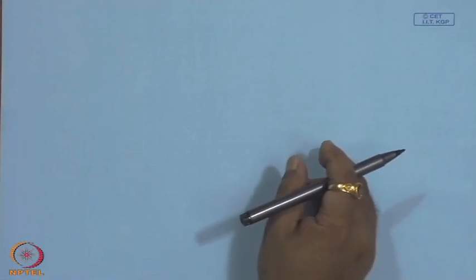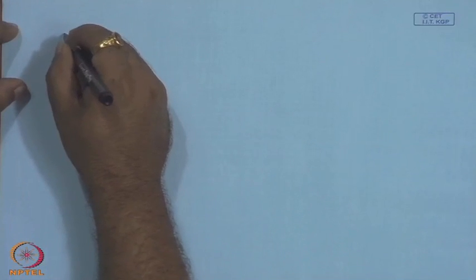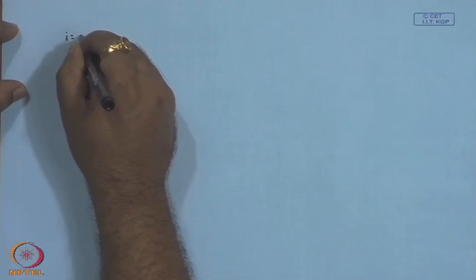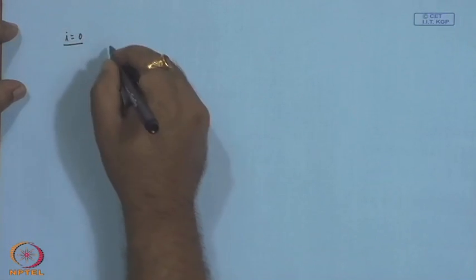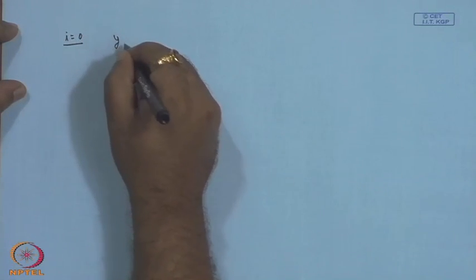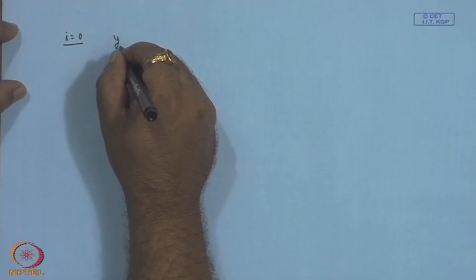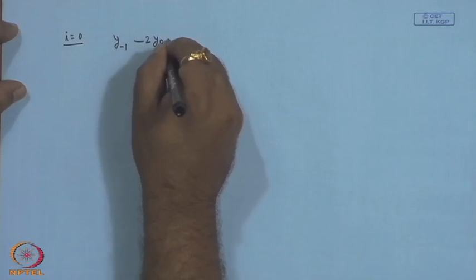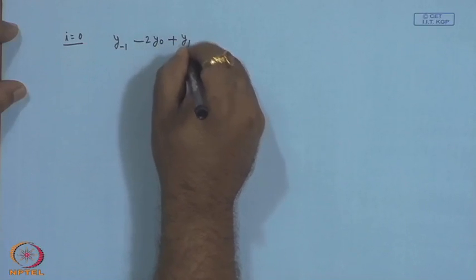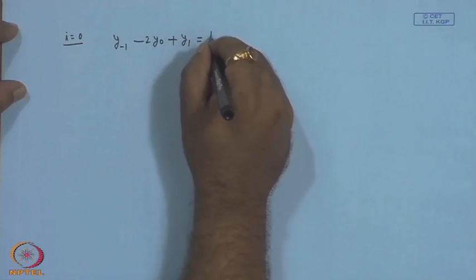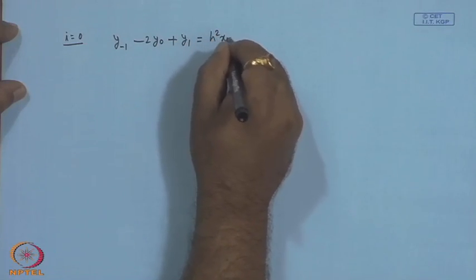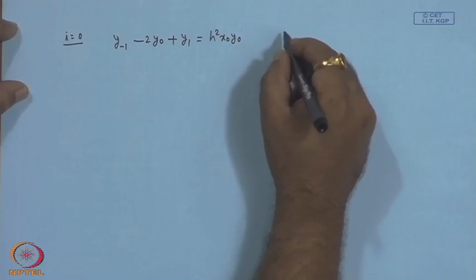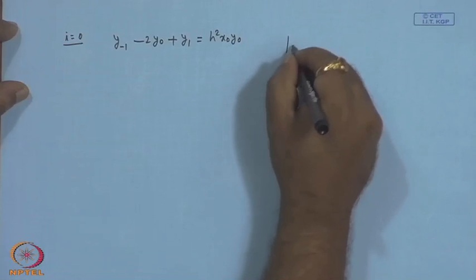Now, let us run the equation for i equals 0. From where we are running this, we had our equation.